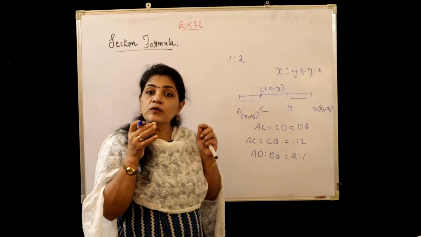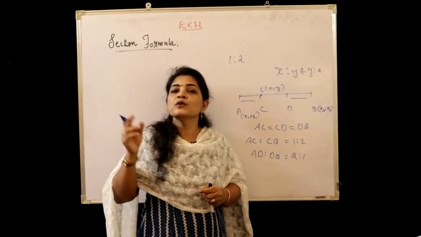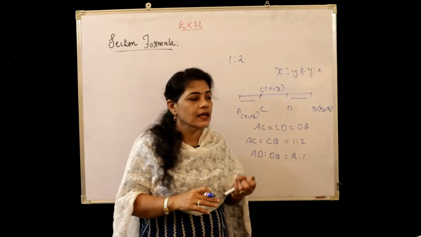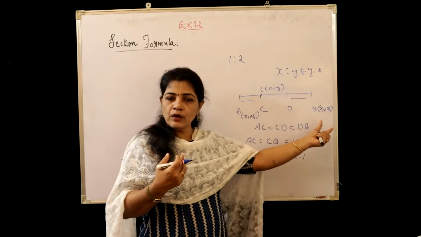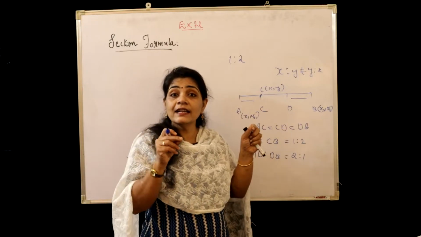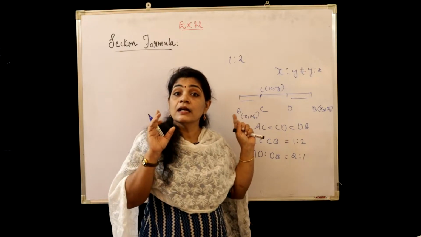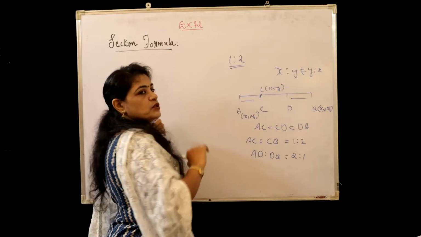You will get the coordinates of that point C using the section formula. That means you will be given the points A of x1, y1 and B of x2, y2, and we need the coordinates of the point C, which divides this line segment in the ratio 1 is to 2.